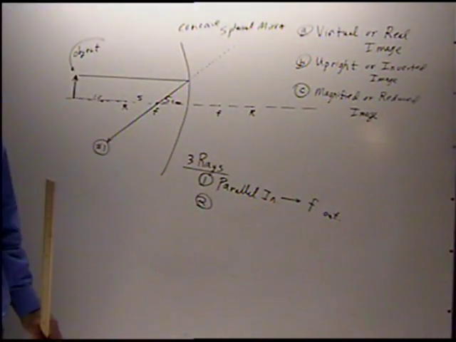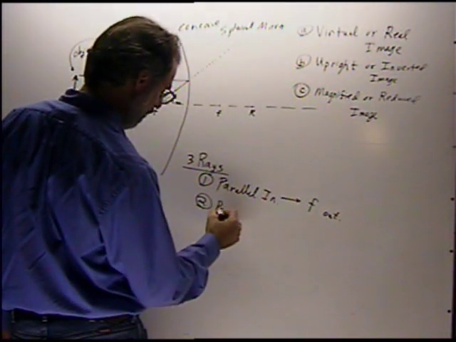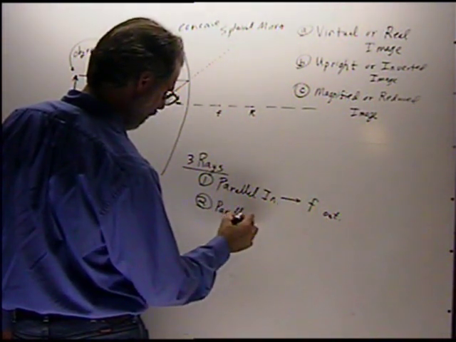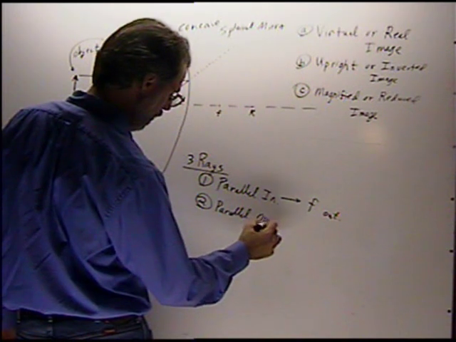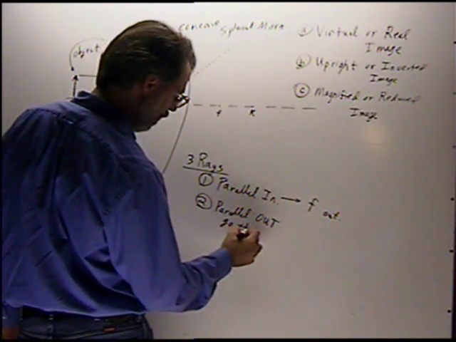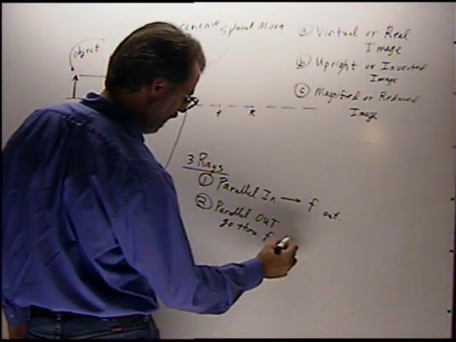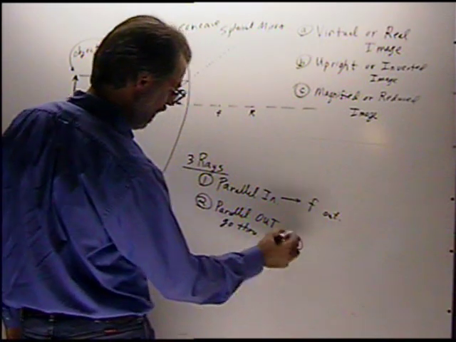Ray number 2 is what we call parallel out. So you have to go through the focal point, then it's parallel out.